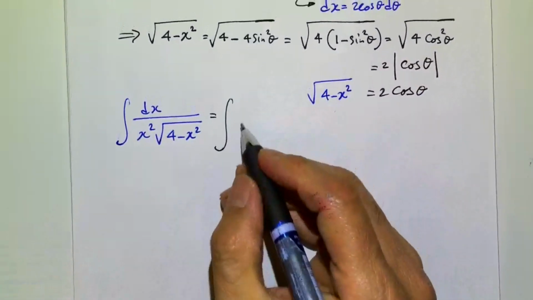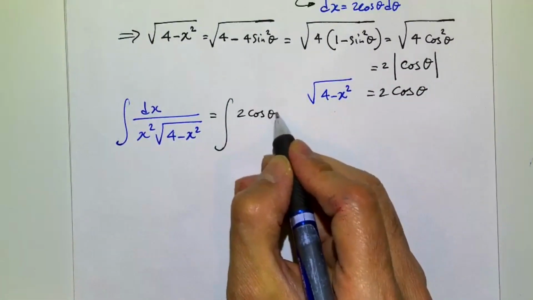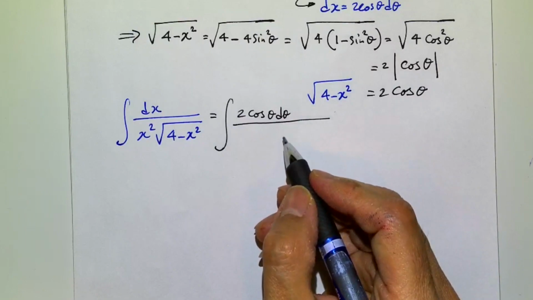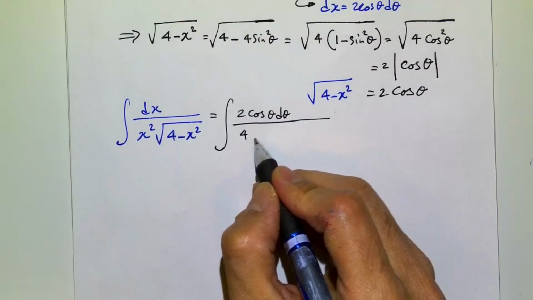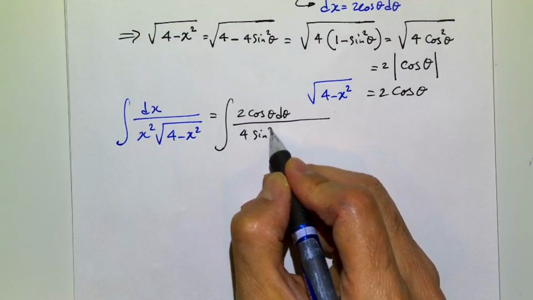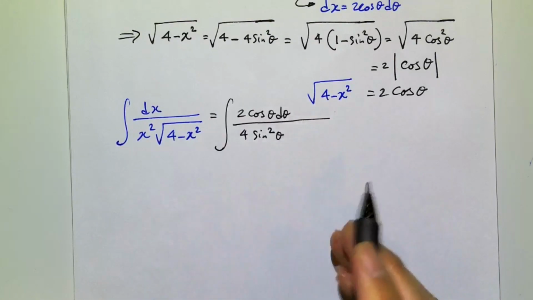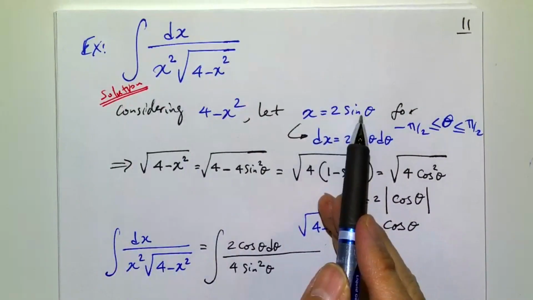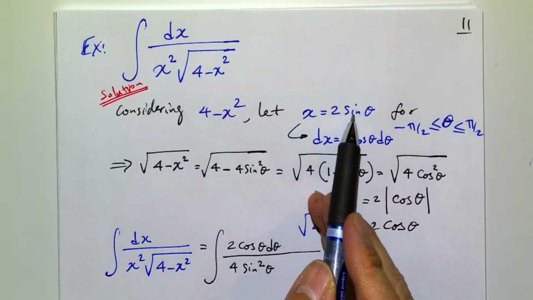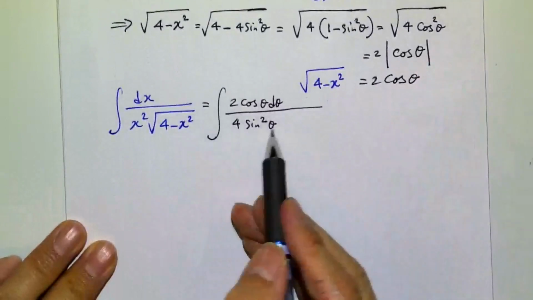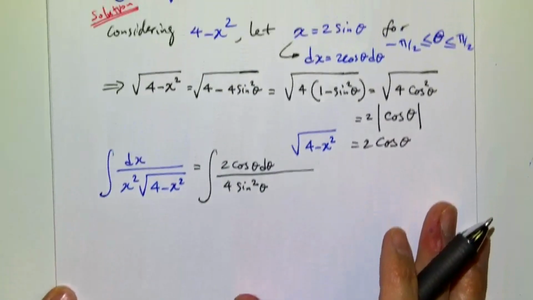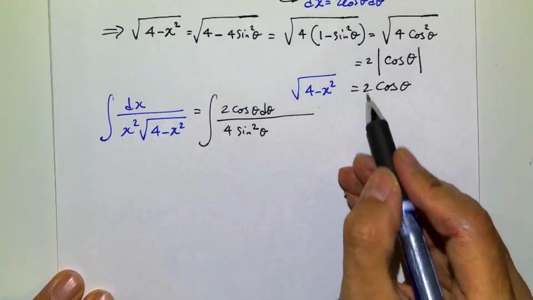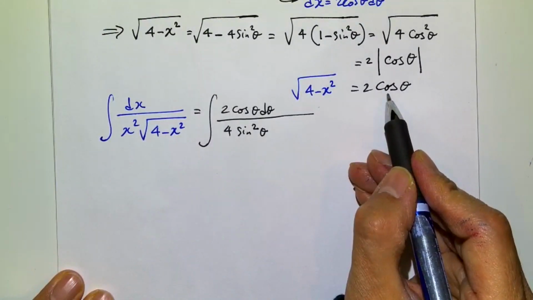So I'm going to replace it with that: 2 cosine theta d theta divided by 4 sine squared theta. That's when you replace x squared, with x equal to 2 sine theta, you get 4 sine squared theta, times the equivalent of the square root in theta, which is 2 cosine theta.